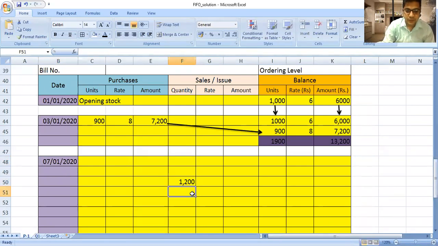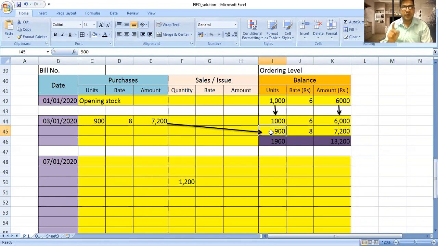1200. Now friends, on 3rd January we already have a balance of 1000 units with rate 6, and 900 units with rate 8. Now two rates of units are available. One rate is 6, and there are 1000 units. Another rate is 8, and their units are 900.